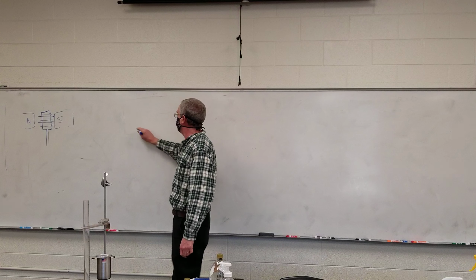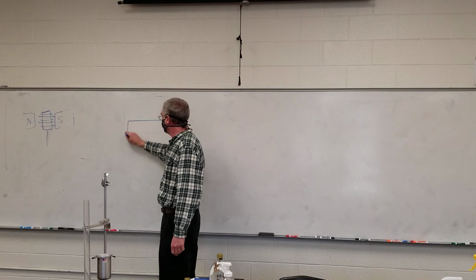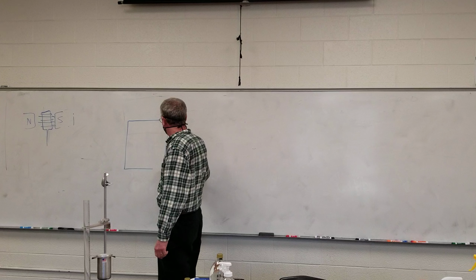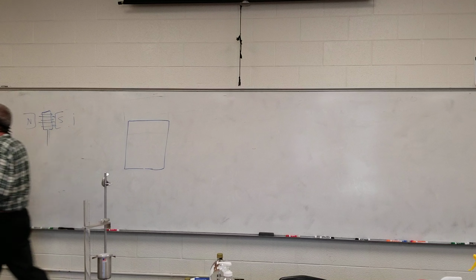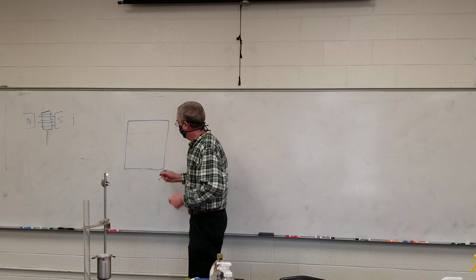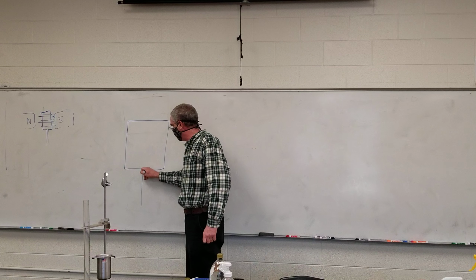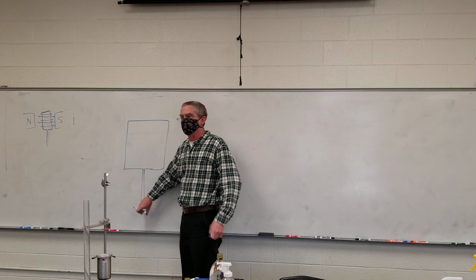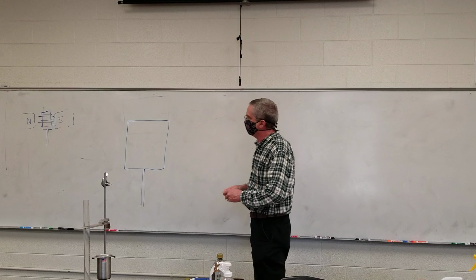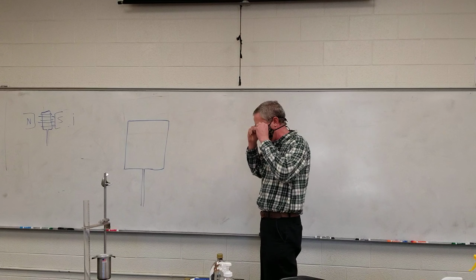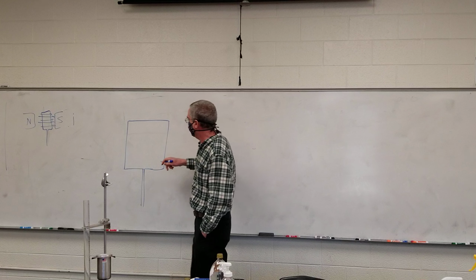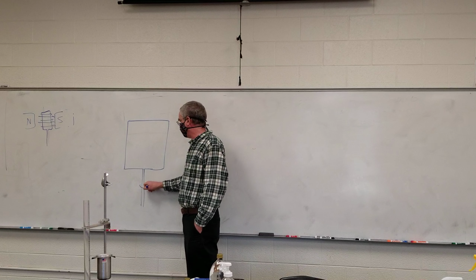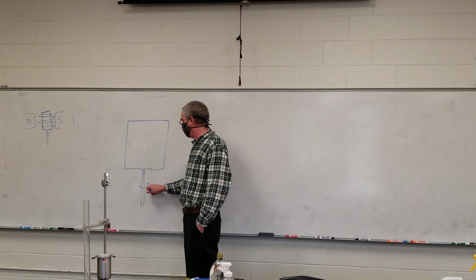I probably should have drawn that bigger. These down here would actually be connected to something which would then go out. This is basically power plant generation, or electricity generation. And I'm going to spin this at some angular speed of omega.